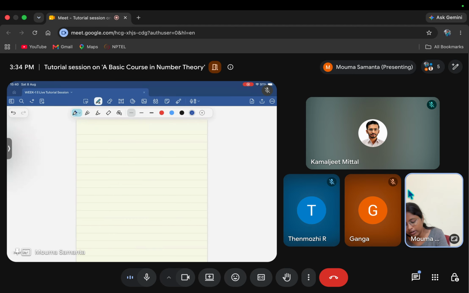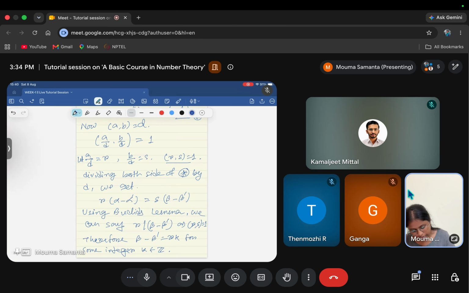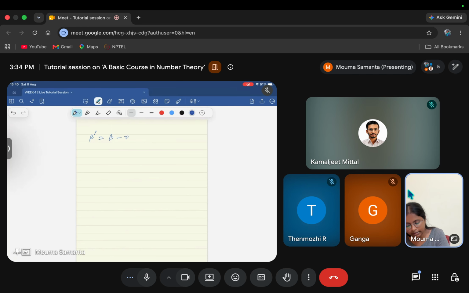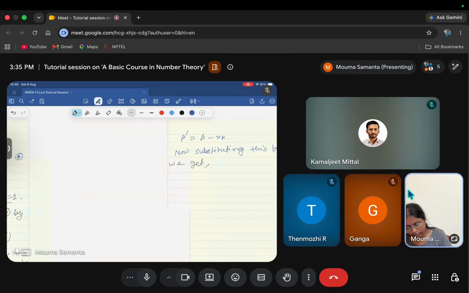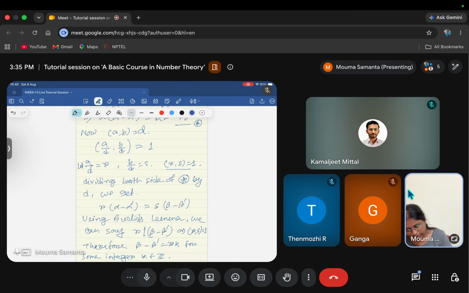So from here what can we say? Beta prime equals to beta minus RK. Now substituting these to star, what do we get? What is the star here?